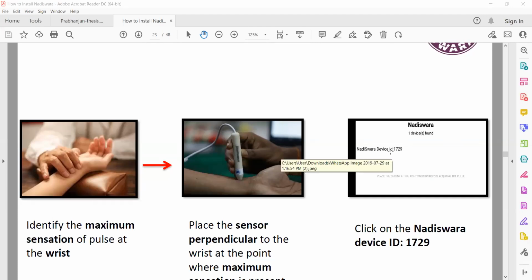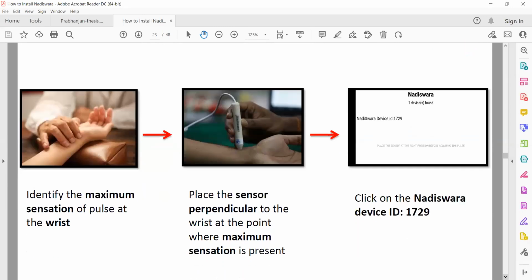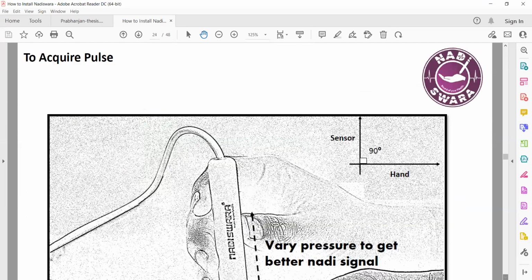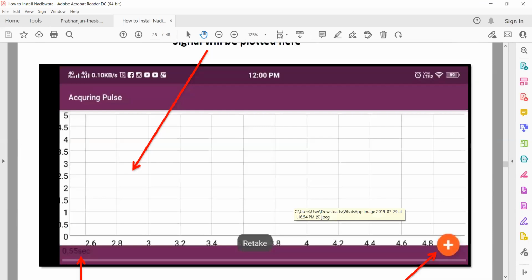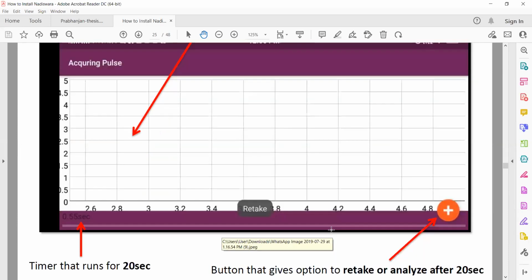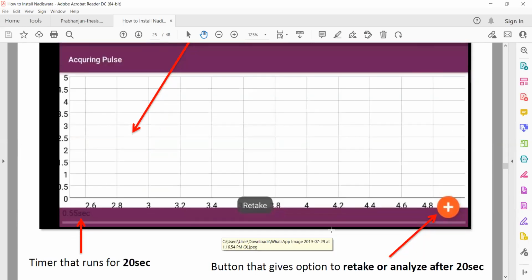As soon as you click on the device ID, you will get a CRO like this, an oscilloscope screen, where the x-axis is the time axis and the y-axis is the amplitude. Here we recommend you to record the nadi continuously for a 20-second duration.